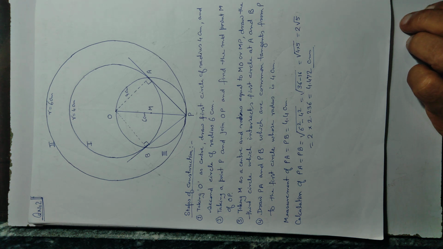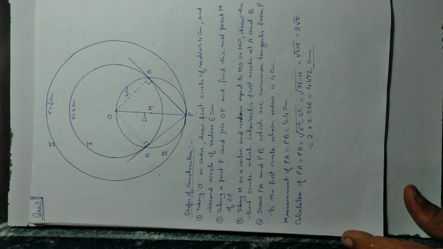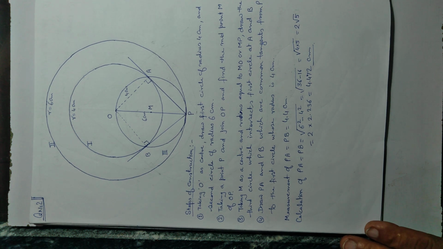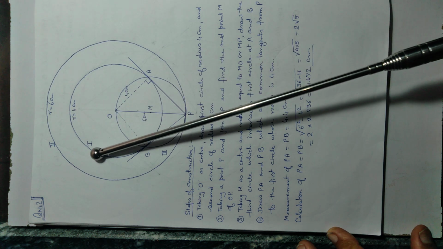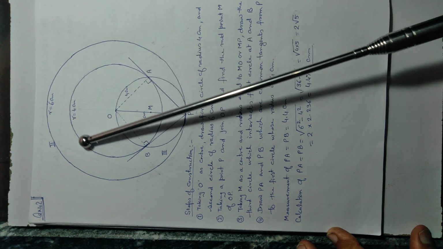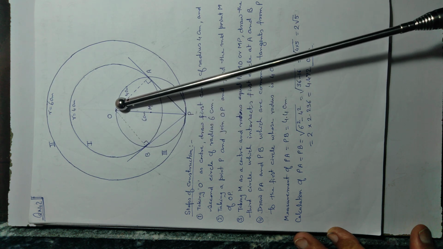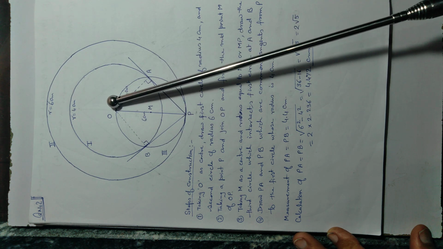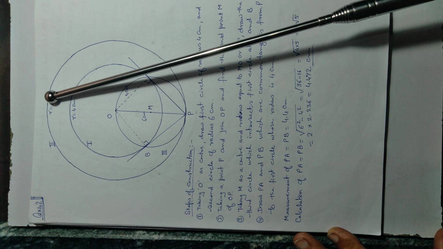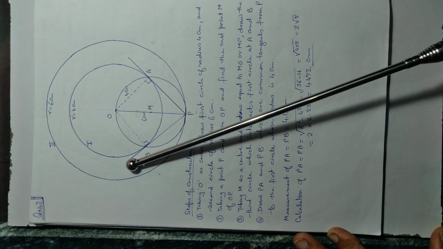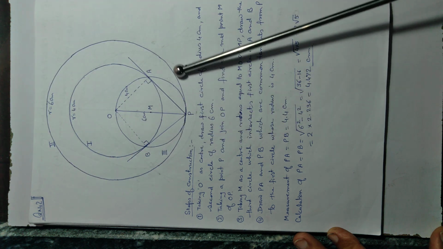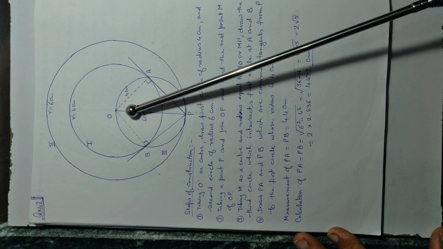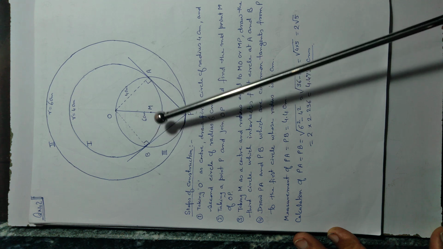Also verify the measurement by actual calculation. देखिए एक सर्किल दिया हुआ है, whose center is O, and concentric circle means the center is the same, the radius is different. So the radius of the second circle is 6 cm and the radius of the first circle is 4 cm.